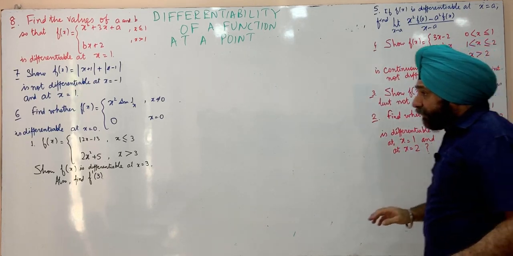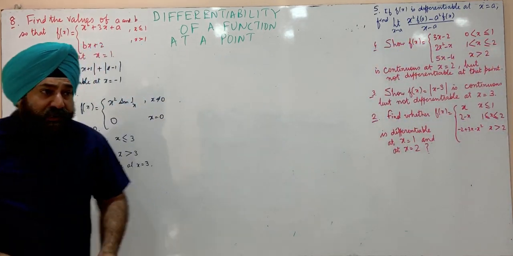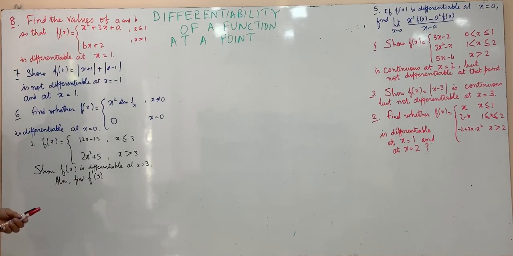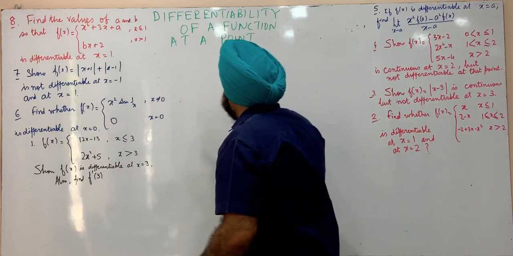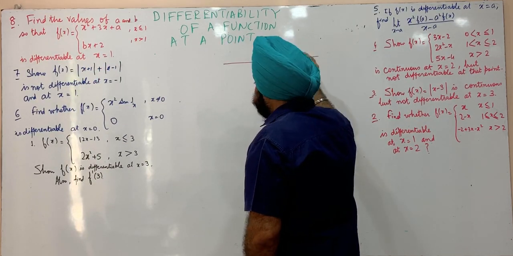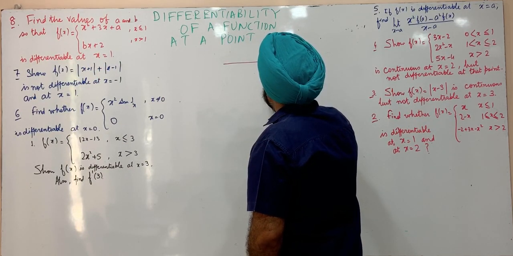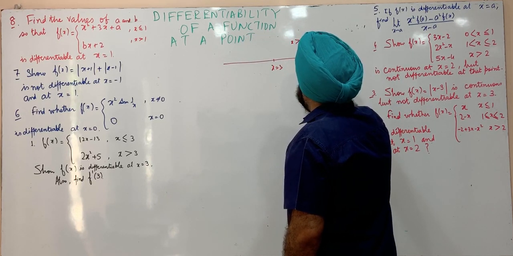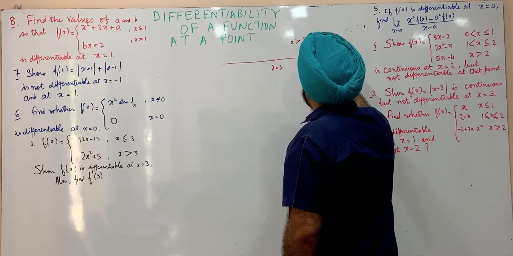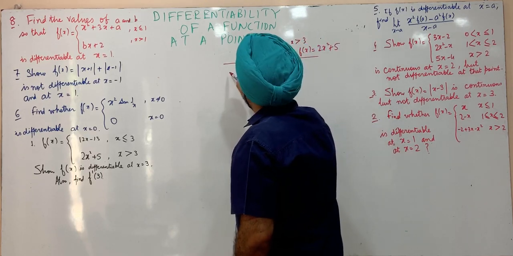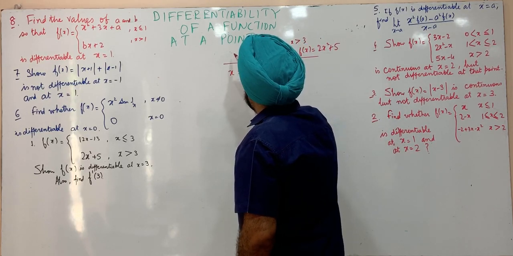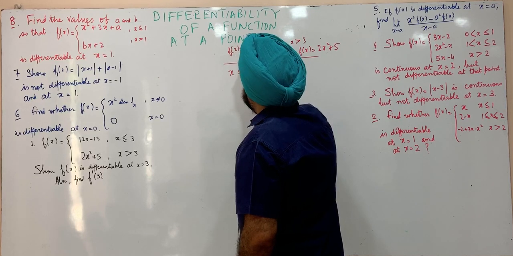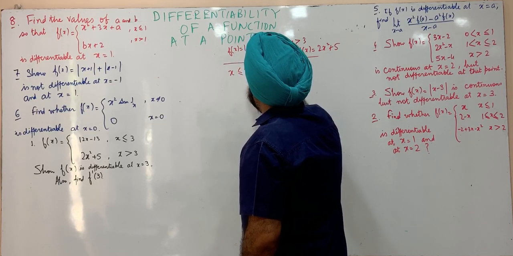We have to show that f of x is differentiable and also find the value of f dash of 3. So this is the number line, this is x is equal to 3, this part is x greater than 3, where f of x is 2x square plus 5, and this part is x less than or equal to 3, where the function is 12x minus 13.